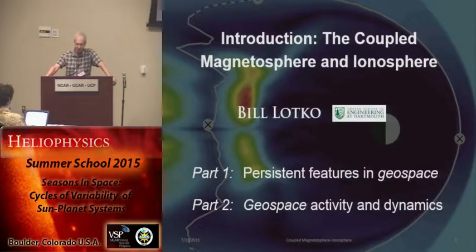My research involves modeling of geospace, and in particular, in recent years, I've been focused more on global and system interactions between the magnetosphere, ionosphere, solar wind, and even the thermosphere to some extent.